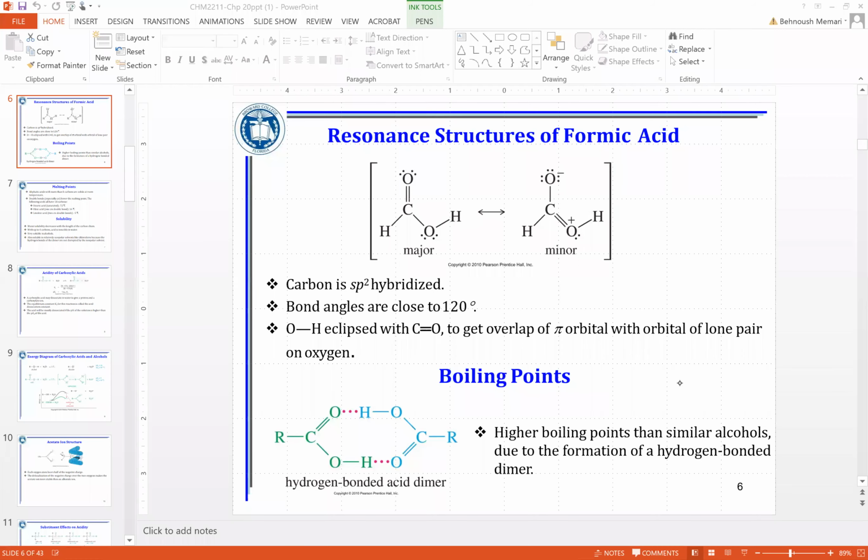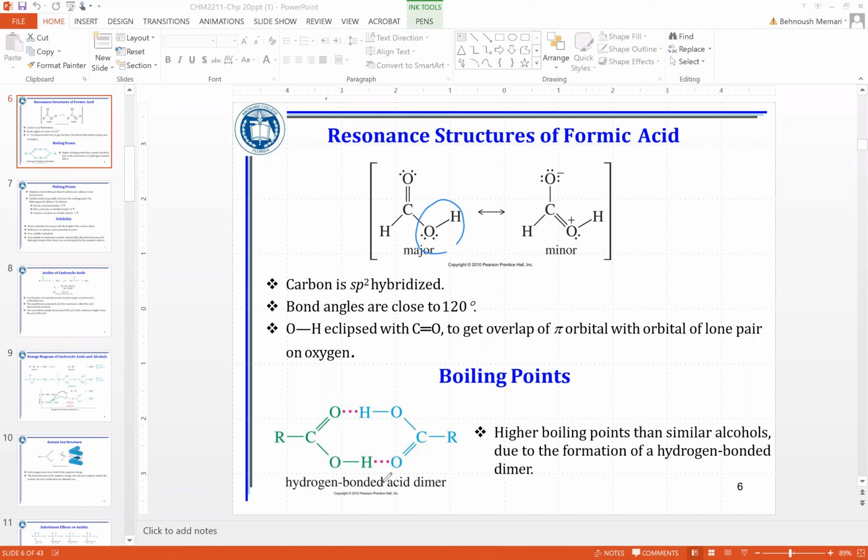Carboxylic acid forms resonance, and also it forms a dimer. We already know that carboxylic acid can form hydrogen bonding, so that is going to increase the boiling point.